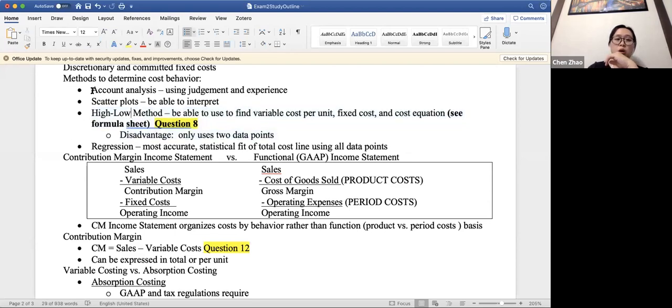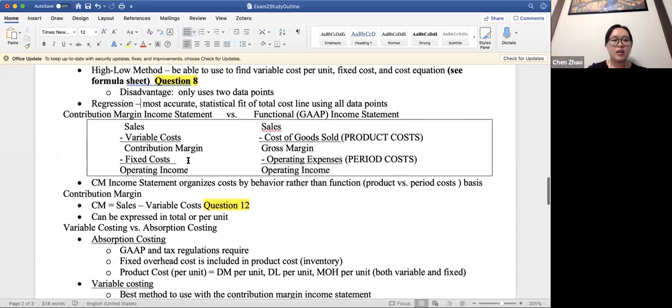We cover some other methods, but those need more technique, and honestly they are not easy to test in an exam, but the high-low method is easy to test in an exam. I'm not saying the others won't be on the exam, but this is important, and you must understand it.